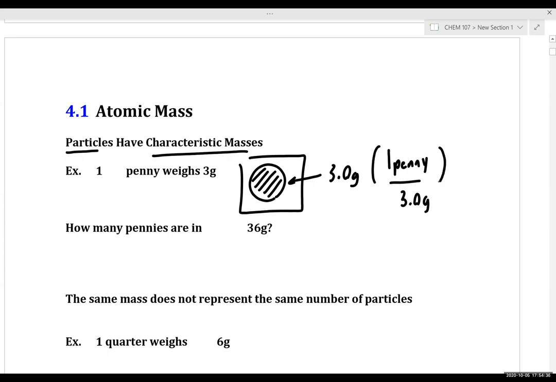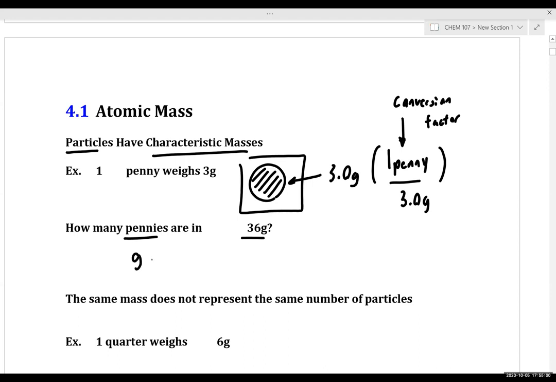So based on the mass of a single particle, I can make a conversion factor, right? I know that in every 3 grams, I have 1 penny. So I can calculate how many pennies are in 36 grams.